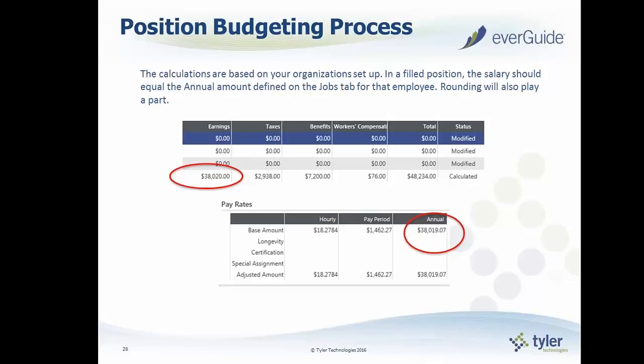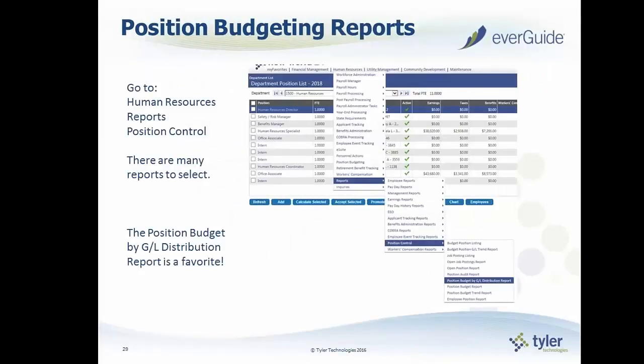Okay, moving forward. Now, the position budgeting reports, we're not going to go into each of them today. The most important thing is that you know where they are. They are located in Human Resources, Reports, and then Position Control. So they have their own section. There's many reports to select from.